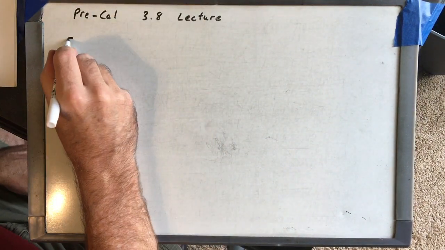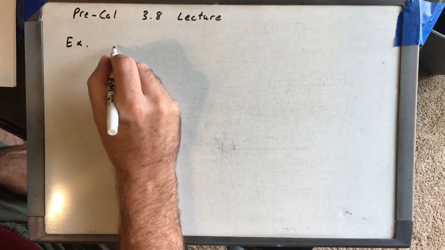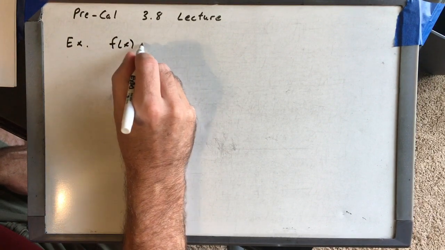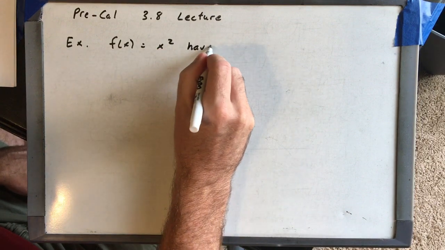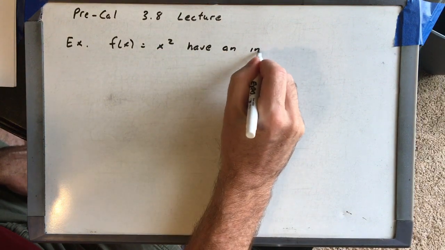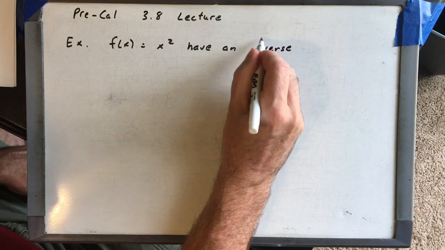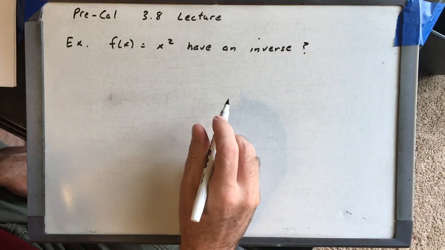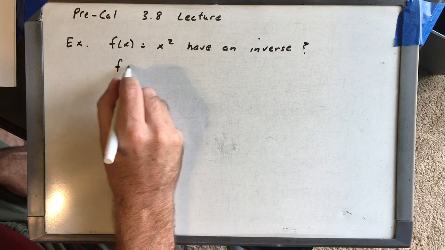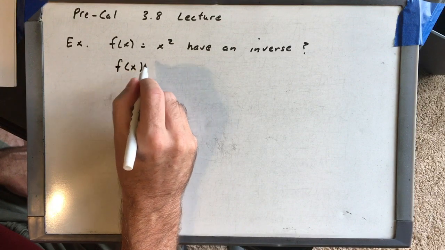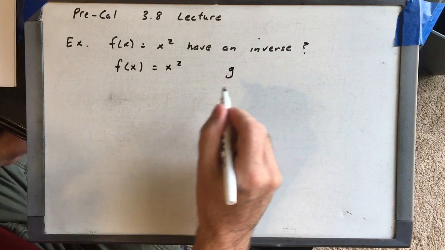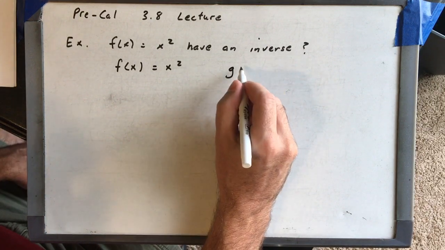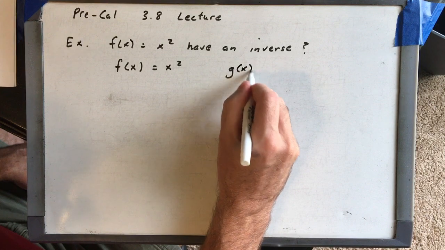The next example is, does f of x equal x squared have an inverse? Okay, so let's say if f of x is equal to x squared, a good guess for the inverse would be square root of x, right?